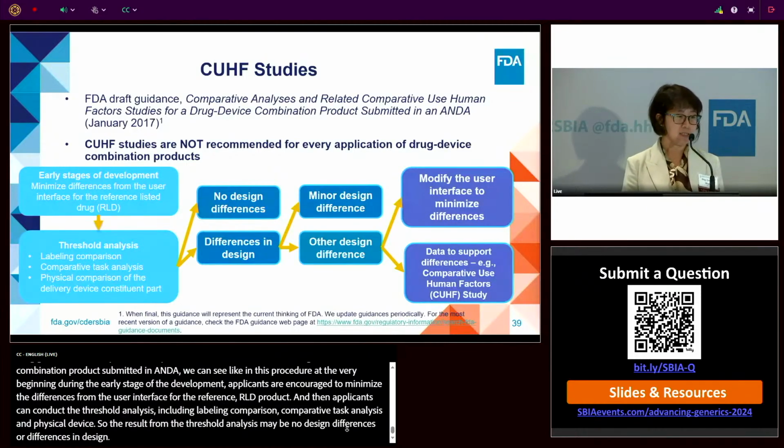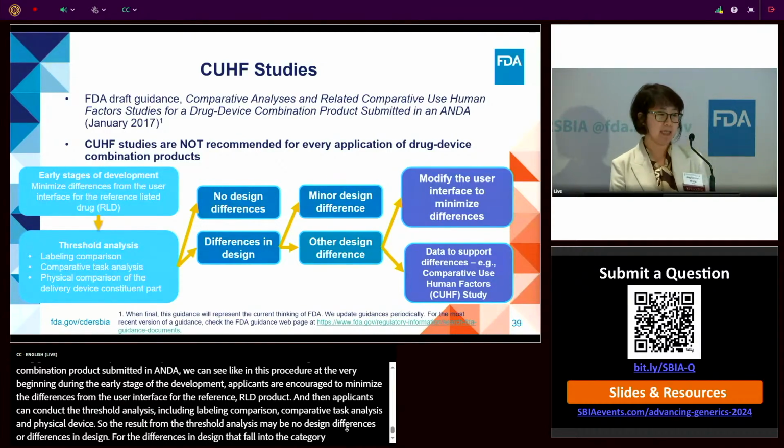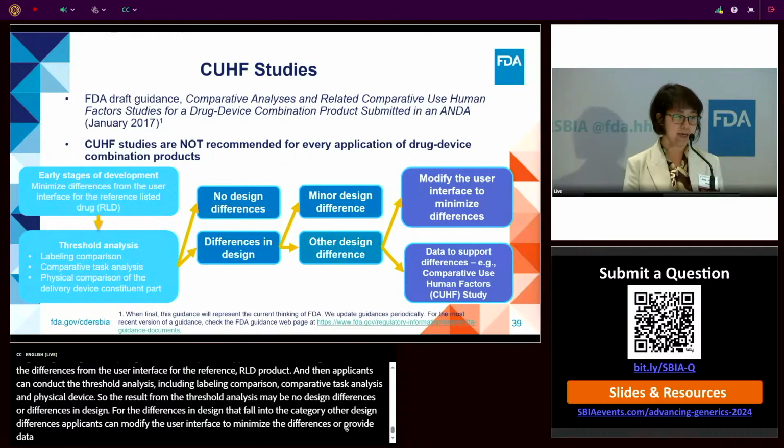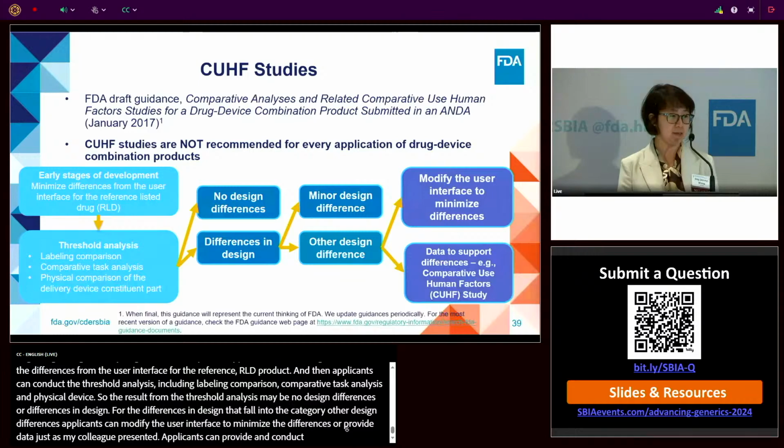For the differences in design, if that falls into the category of other design differences, applicants can either modify the user interface to minimize the differences or provide data to support the differences, just as my colleague just presented. Applicants can conduct comparative use human factor studies to support the differences.